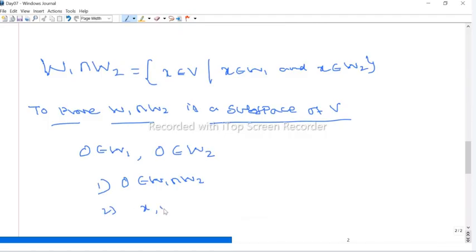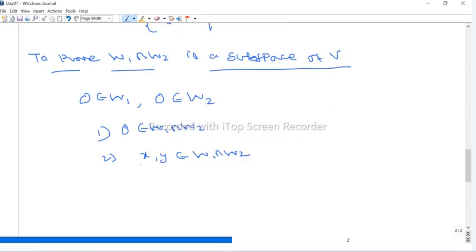Now, if you take two elements x, y in W1 intersection W2, we can easily prove that the sum is also here. Since x, y are in W1 and W2, therefore x, y are in W1 as well as in W2. Since W1 is a subspace, the sum x plus y is in W1.